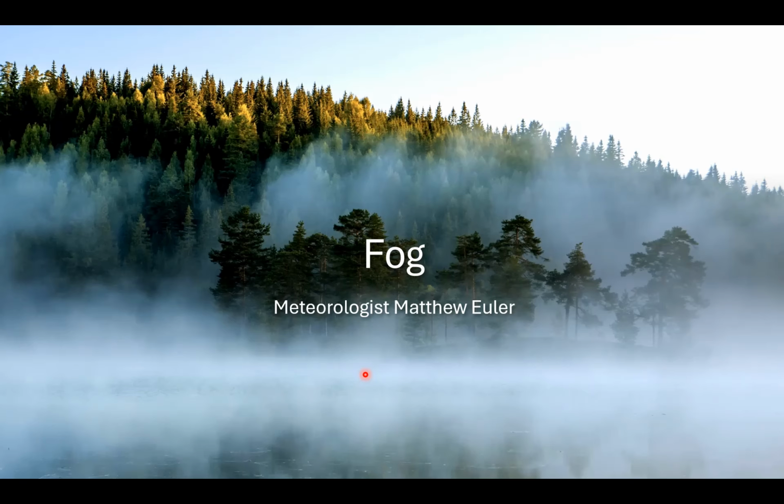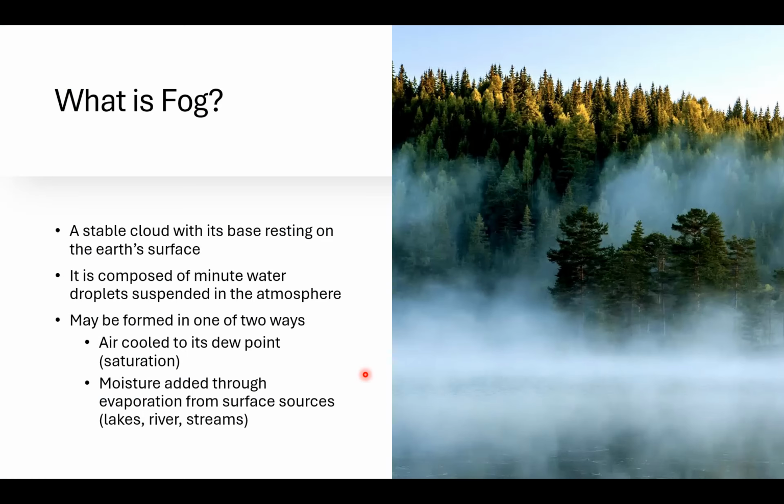So I hope you enjoyed the presentation. We covered fog. We covered what fog is. Remember, it's simply a cloud on the Earth's surface. It's composed of minute water droplets. By the way, there are cases where you can get freezing fog. I forgot to mention that here. You may not necessarily have liquid water droplets. If you get temperatures around the freezing point, 32 degrees Fahrenheit or lower, you can actually get freezing fog.